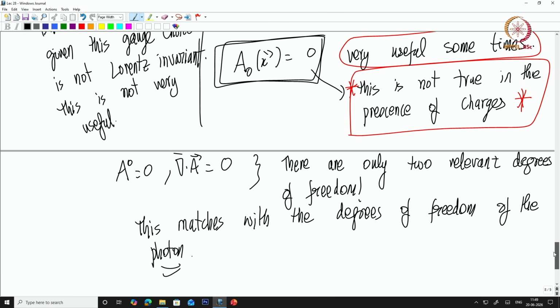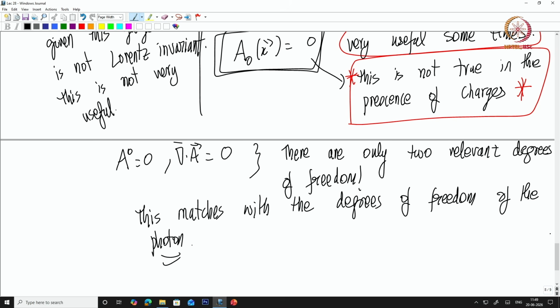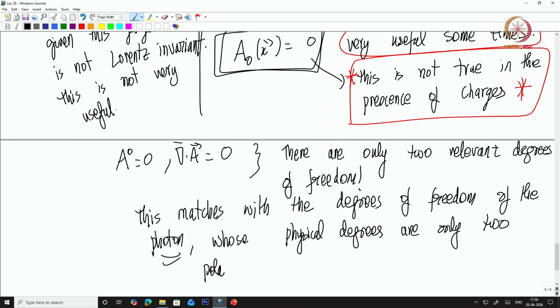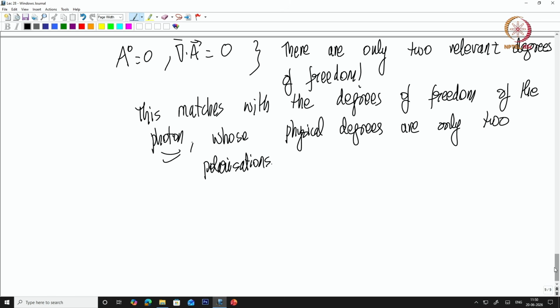So, the advantage of the Coulomb gauge is that the remaining degrees of freedom directly match the physical degrees of freedom of the photon, whose physical degrees are only 2, only 2 polarizations. That is the main advantage of choosing the Coulomb gauge.